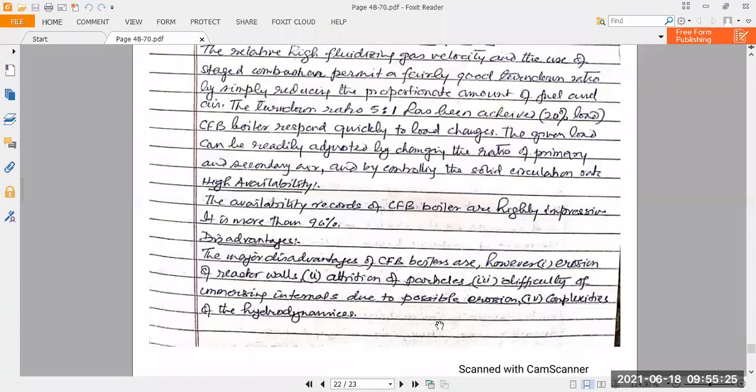Although Vf is equal to Vg during flashing, the heat transfer coefficient of water in the liquid phase is greater than that in the vapor phase itself. Okay, let us stop here.